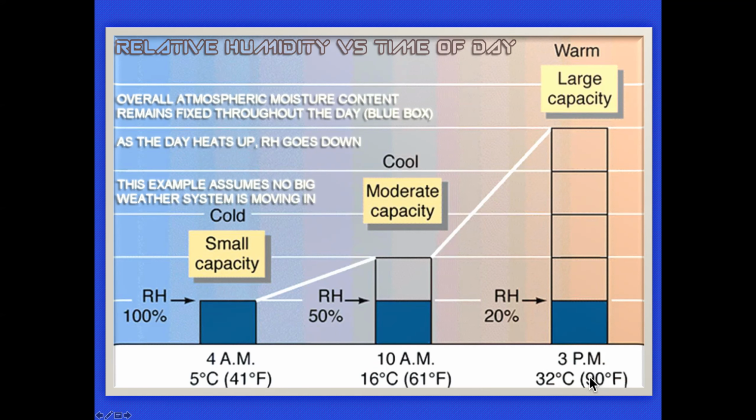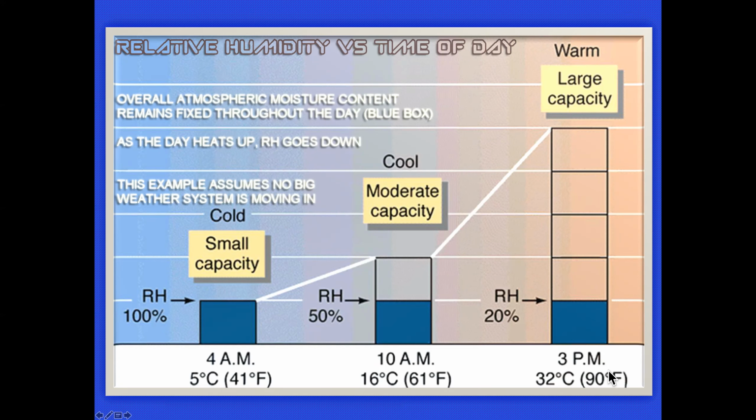So what that means is that this cold air had a small capacity to hold moisture, so it became saturated and dew formed. By 3 o'clock in the afternoon, it was much hotter, and therefore the air could hold this much more moisture. So the humidity is only 20% because it's holding only 20% of what it could hold for this temperature.